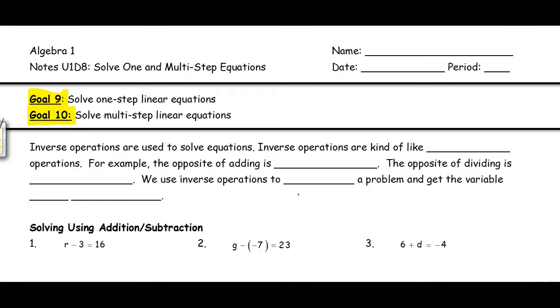Inverse operations are used to solve equations. Inverse operations are kind of like opposite operations. For example, the opposite of adding is subtraction. The opposite of dividing is, I'm sure you can guess it, multiplication.